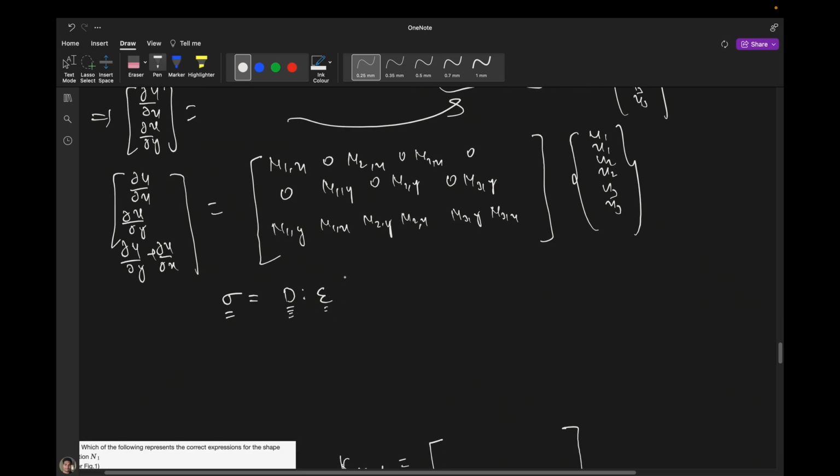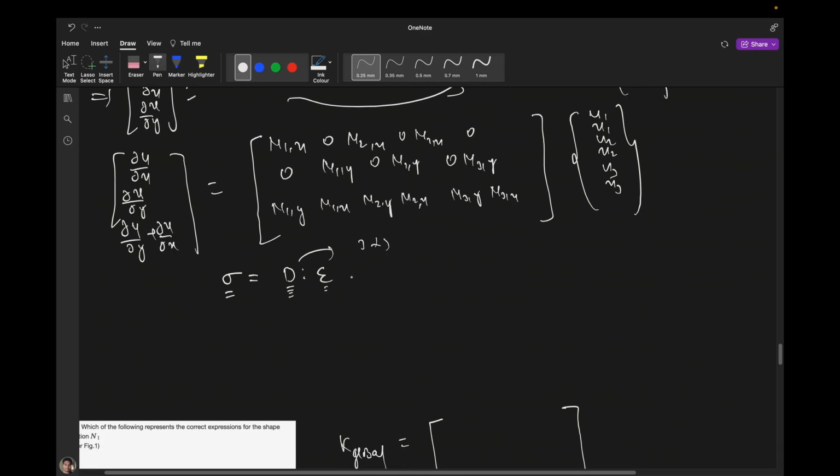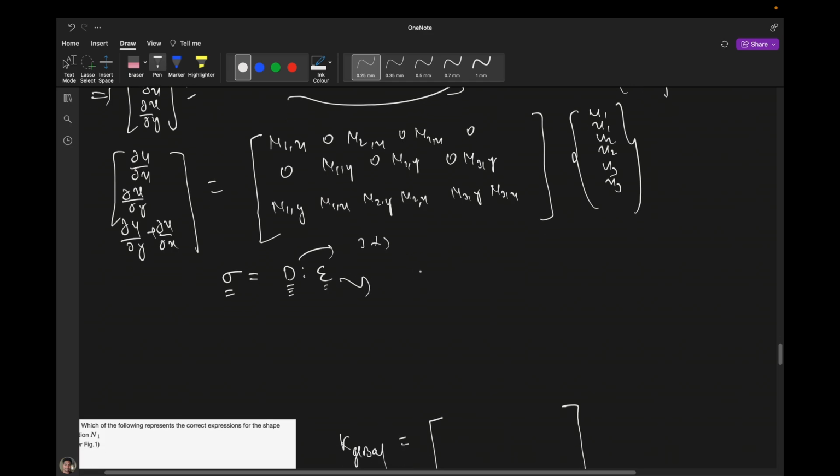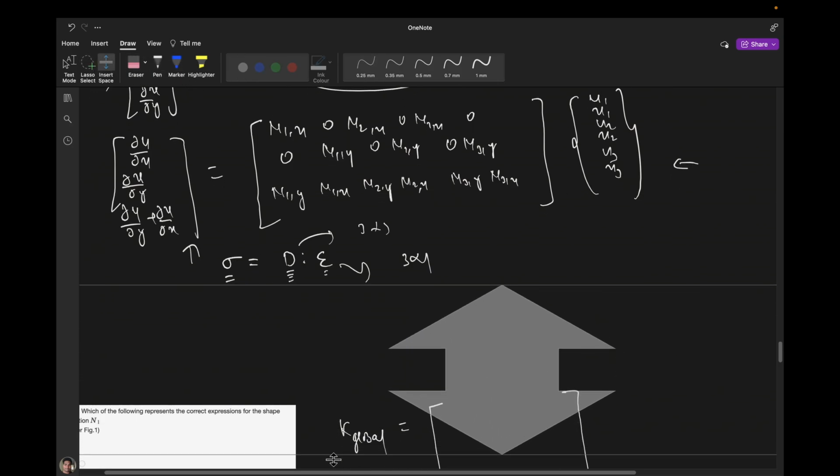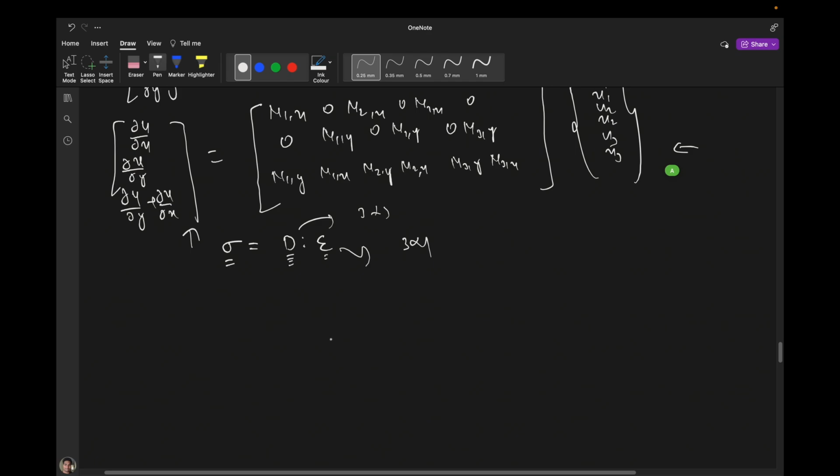And if D is only a 3 by 3 matrix, then epsilon should be a 3 by 1 matrix. So what is the epsilon here? Epsilon is nothing but this. So that's why we need to write like this. Now we can use it directly.